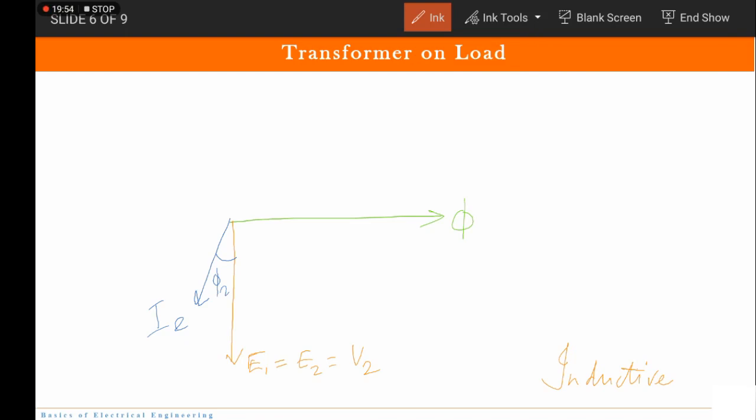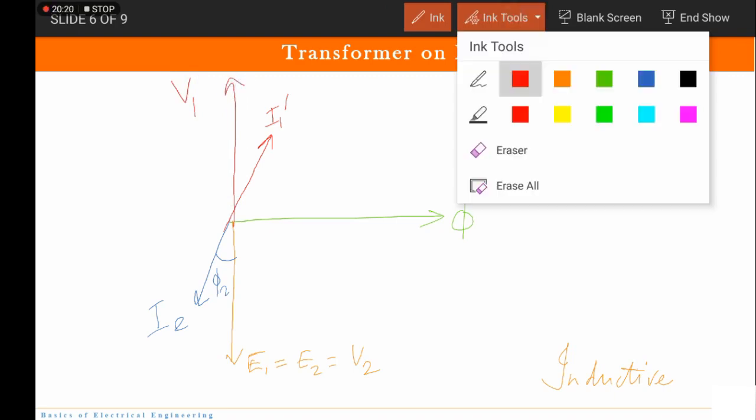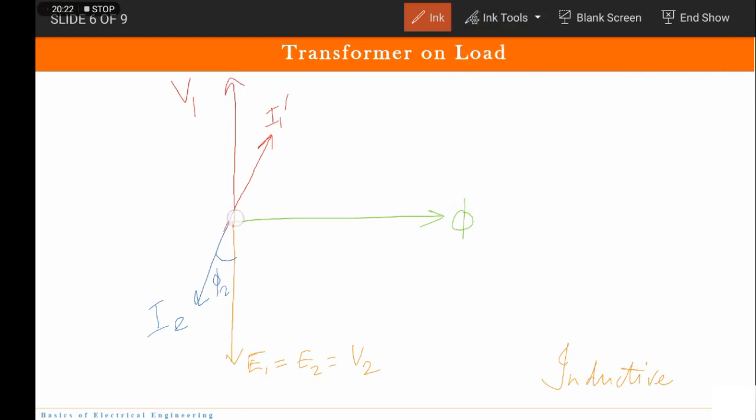Now exactly opposite we have I1 dash, and opposite to V2, we have V1. Yes, this is V1. Now I0 was already flowing, so here we have I0.